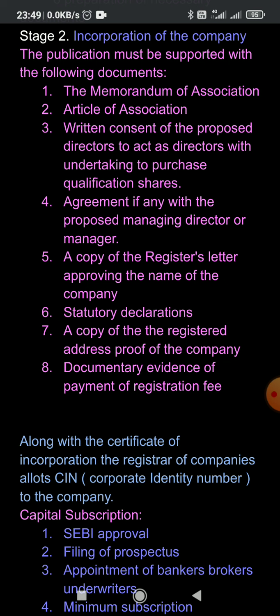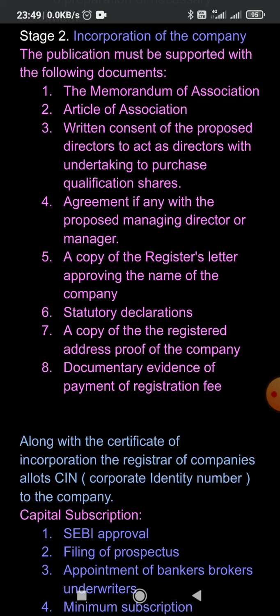After the submission of these applications along with the required documents, the registrar must be satisfied that the documents are in order and that all the statutory requirements regarding the registration have been complied with.